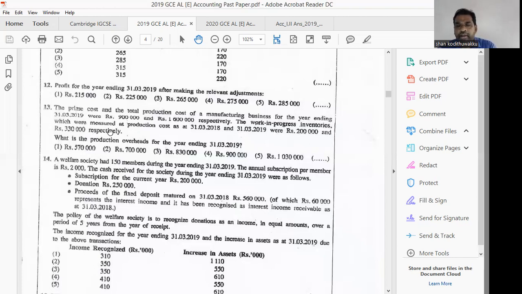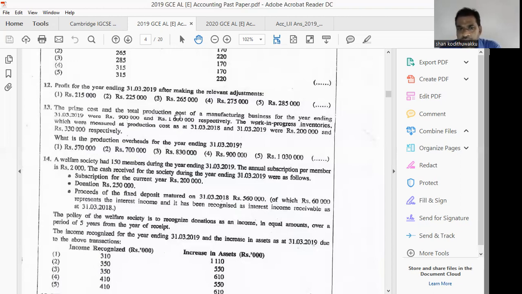Then in a normal statement, prime cost plus overhead cost, then to that answer you add opening WIP and deduct closing WIP, then finally you take the cost of production for the goods. Here you are given cost of production 1.6 million and 900,000 as prime cost. The difference between these two values will be 700,000.